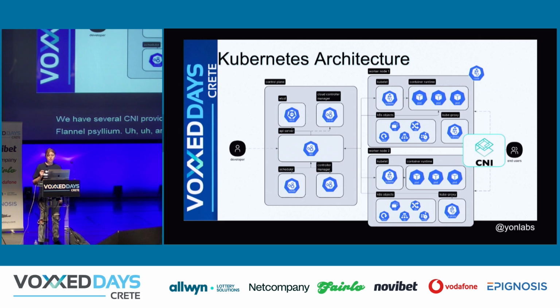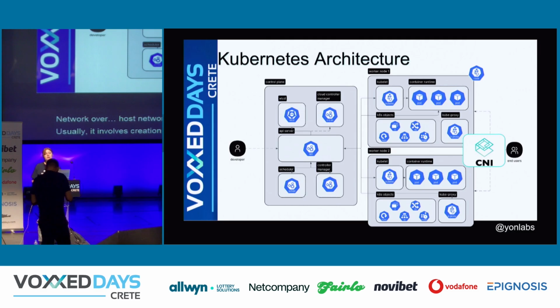How does this overlay network work? So basically, we create a virtual sort of network over a host network. And usually, it involves creation of several virtual network interfaces on each node.